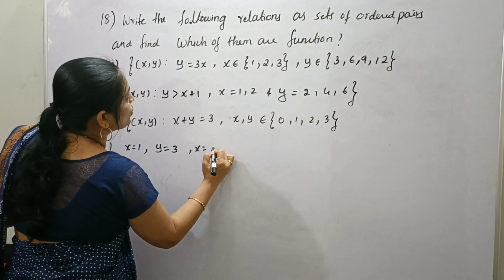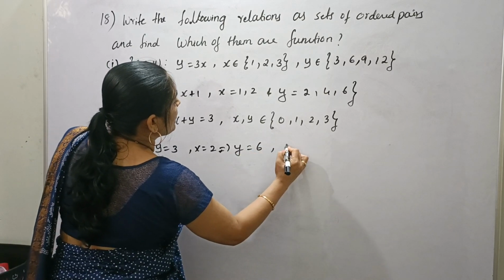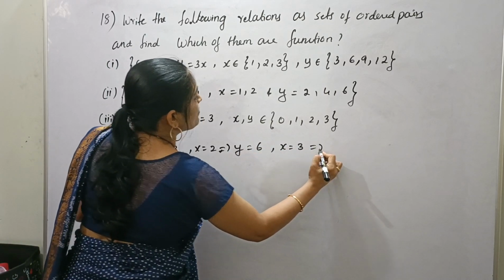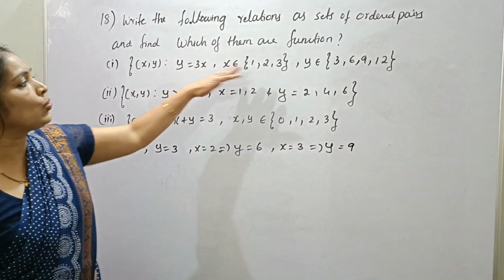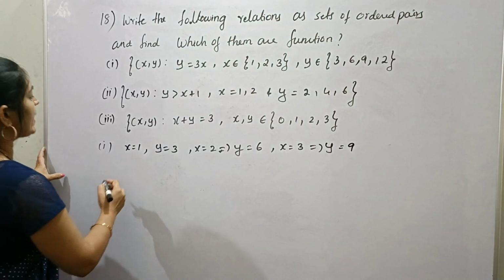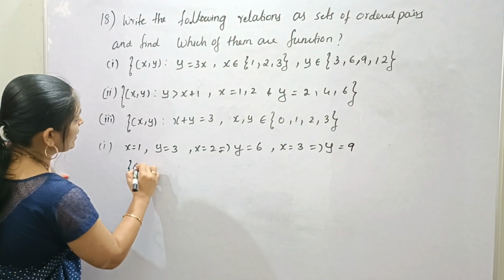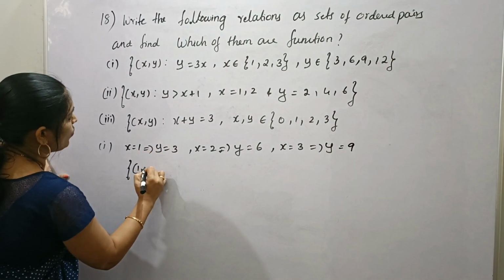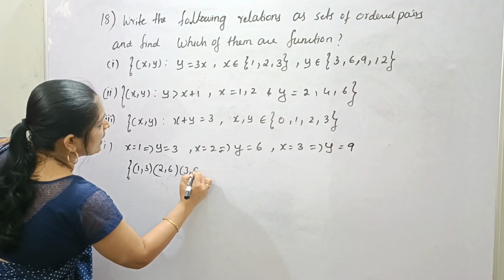When x is equal to 2, y is equal to 6. When x is equal to 3, y is equal to 9. So here we can write the set: (1, 3), (2, 6) and (3, 9).